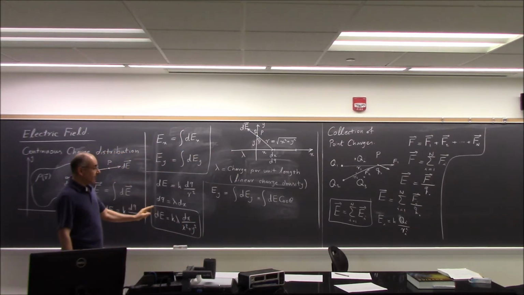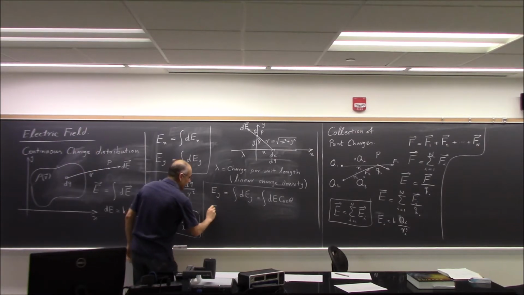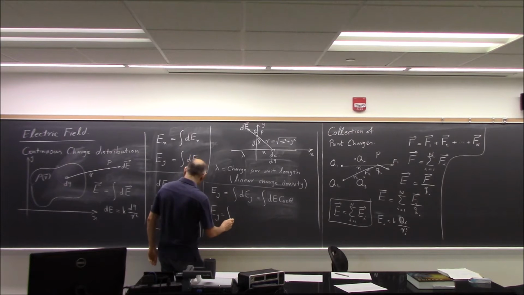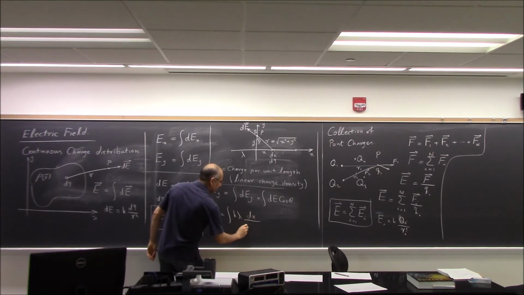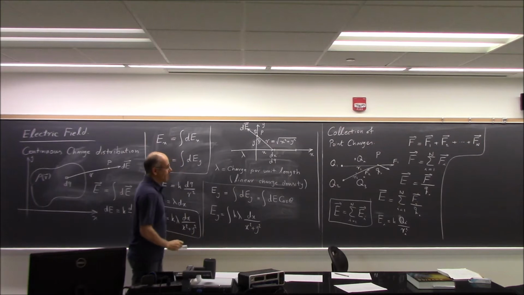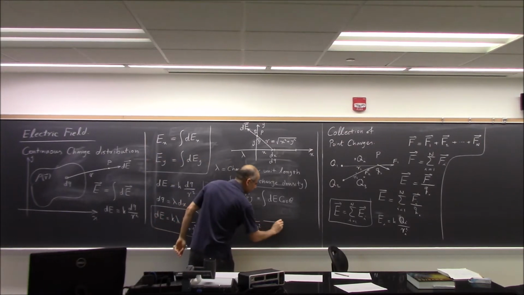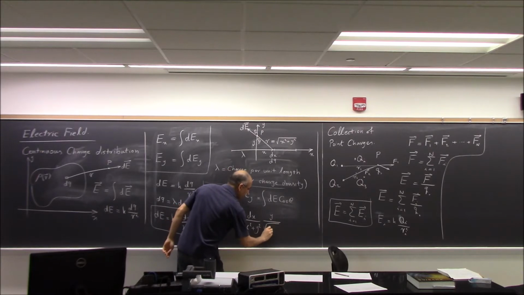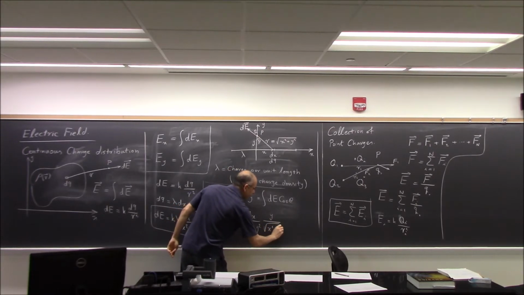And now I need to write cosine theta also in terms of x and y. So Ey will be the integral of k lambda dx over x squared plus y squared, and cosine theta is y over square root of x squared plus y squared.